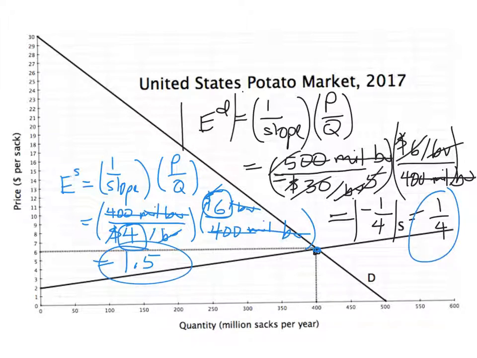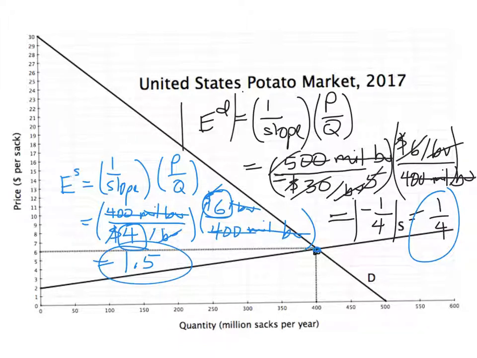So we compare those two things, we notice that the elasticity of 1.5 is much bigger than the elasticity of 0.25 or 1/4. So again, we verified that the party with the less elastic function pays more of the tax.